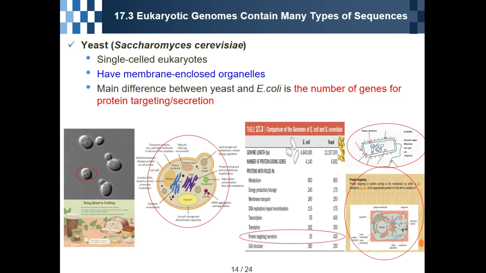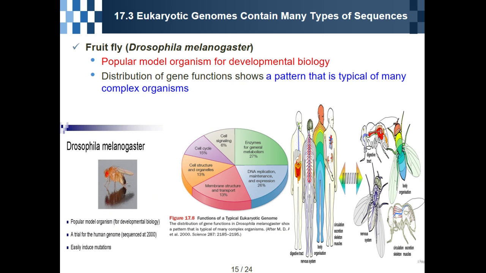Another eukaryotic organism is the fruit fly. The fruit fly is a very popular model organism for developmental biology.